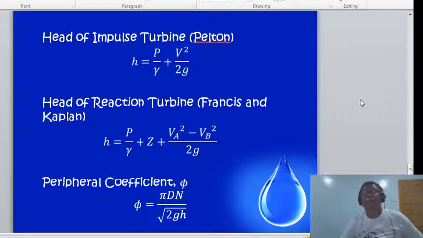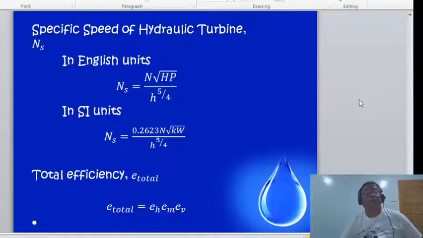Another is the specific speed of a hydraulic turbine. In English units, that is N times the square root of the horsepower divided by h raised to 5/4. In SI units, that is 0.2623 times N times the square root of the kilowatts, or the power, divided by h raised to 5/4.